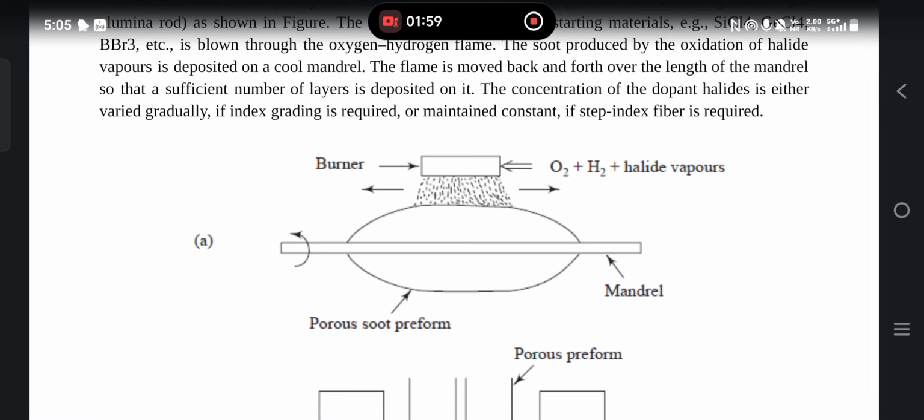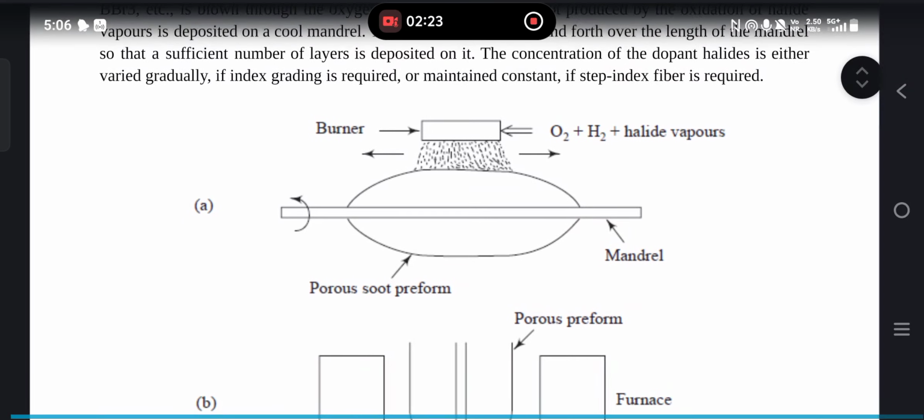The flame is moved back and forth over the length of the mandrel so that a sufficient number of layers is deposited on it. The concentration of the dopant halide is either varied gradually if index grading is required, or maintained constant if step index fiber is required.